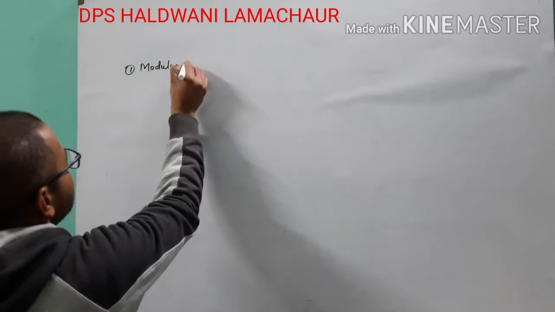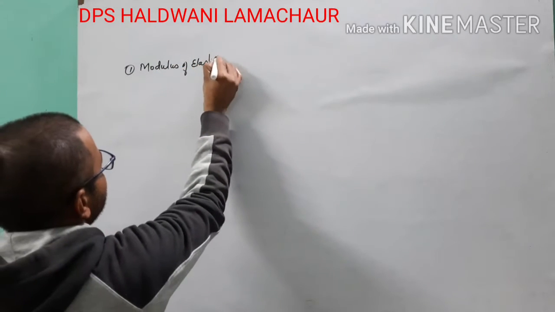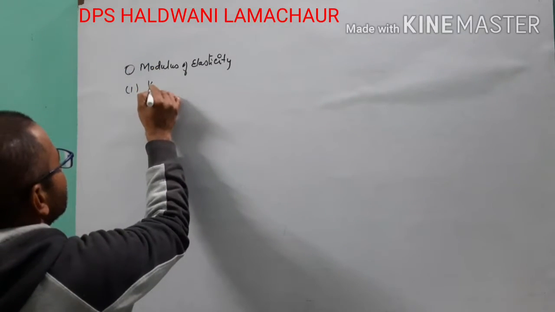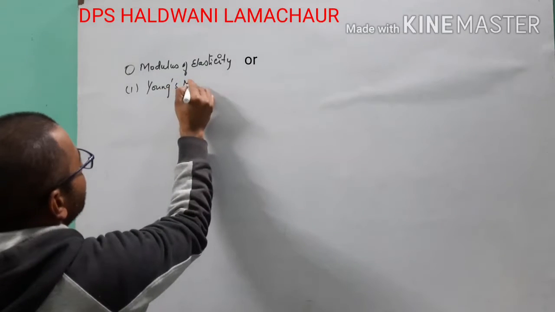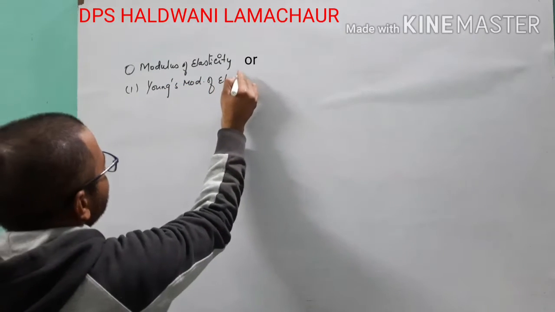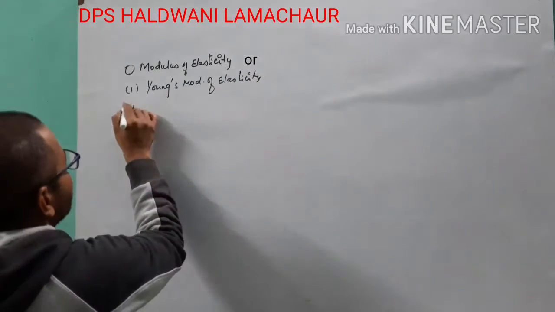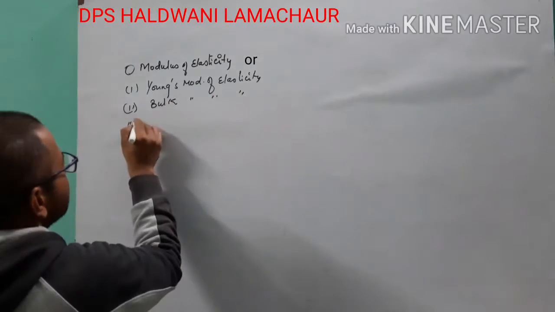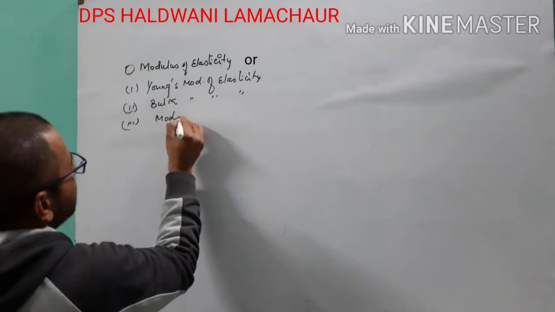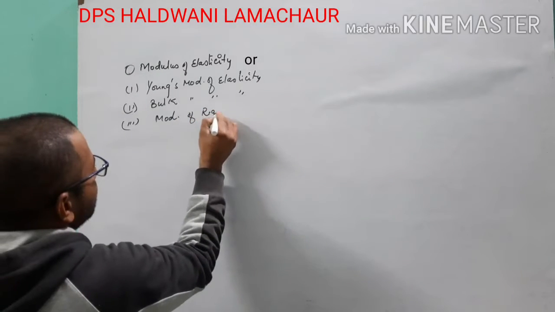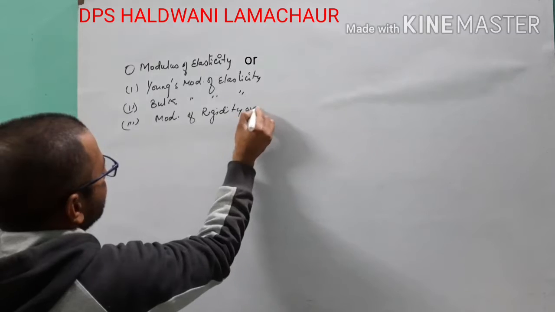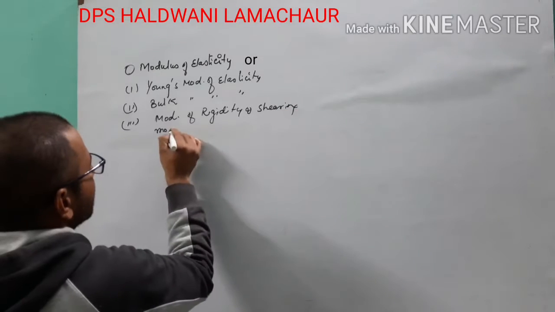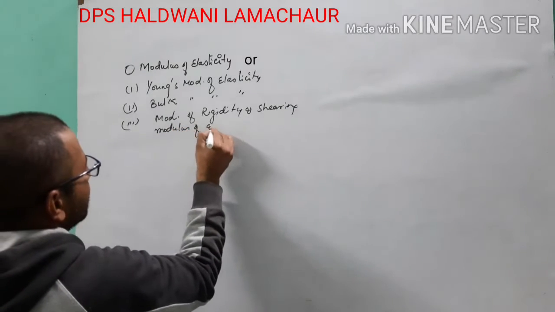The first one is Young's modulus of elasticity, the second is bulk modulus of elasticity, and the third one is modulus of rigidity, or shear modulus of elasticity.